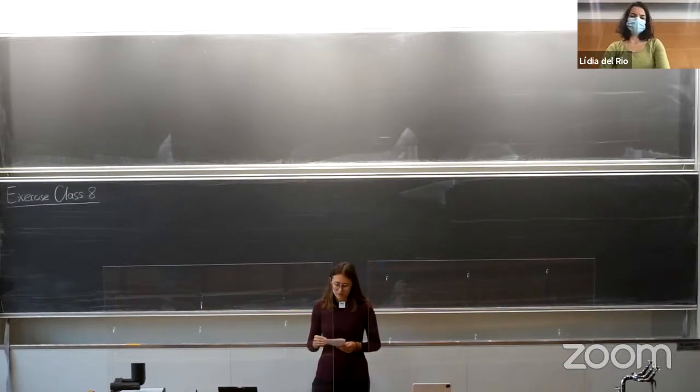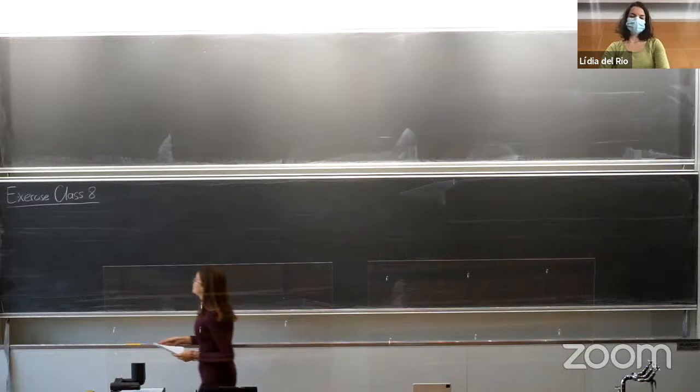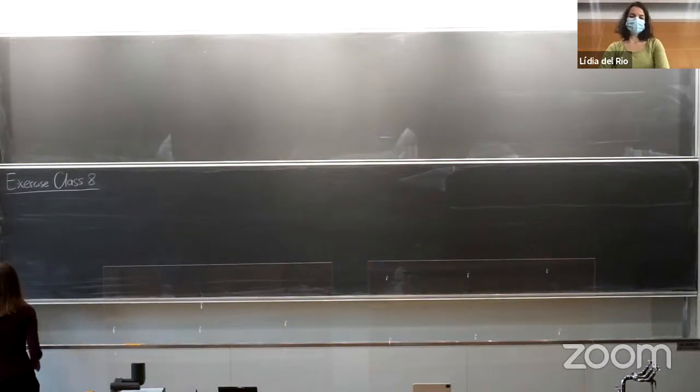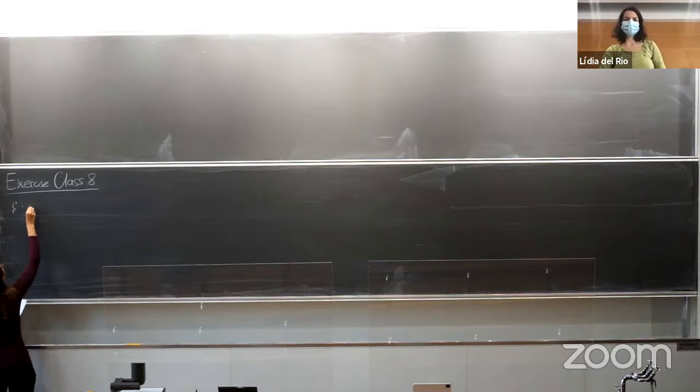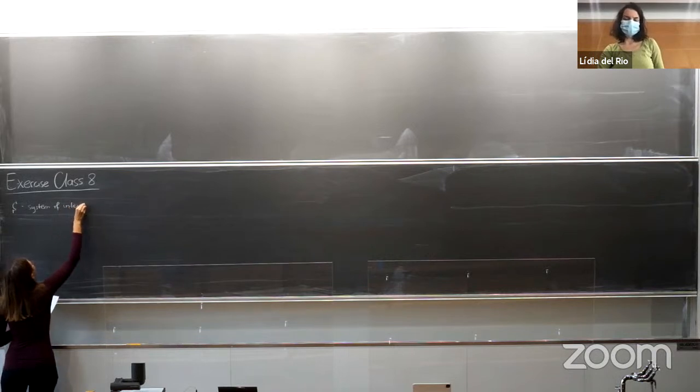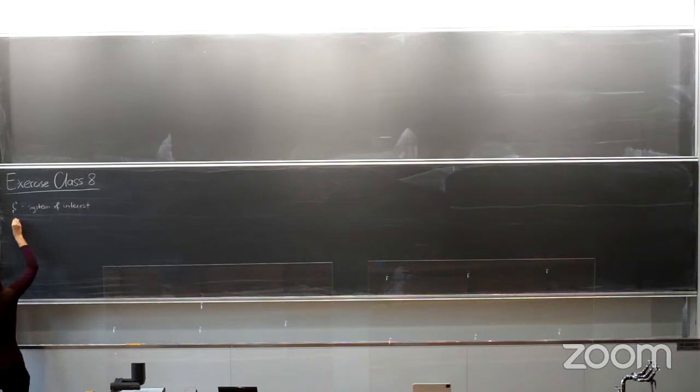So to recap what I said formally, what we have here are two systems, which we call S, which is a system of interest, and P, which is the pointer.